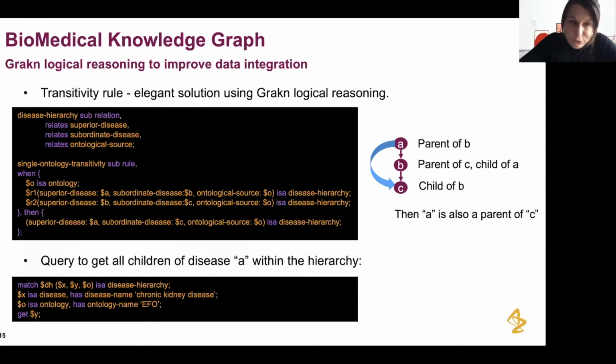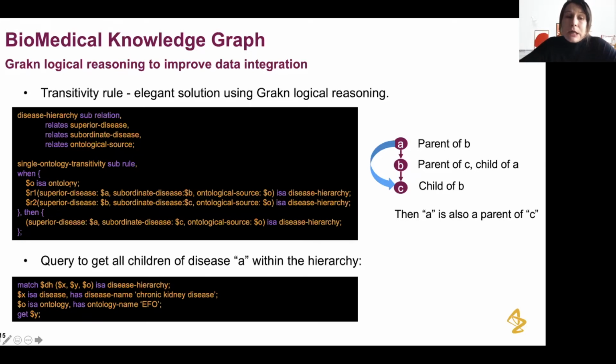Again, logical reasoning, my favorite part of Grakn, to improve data integration. We're using a transitivity rule here, and I think it's a very elegant solution. So what we are saying is very simple. We have this disease hierarchy relation that relates diseases, and we have ontology to represent this hierarchical structure.